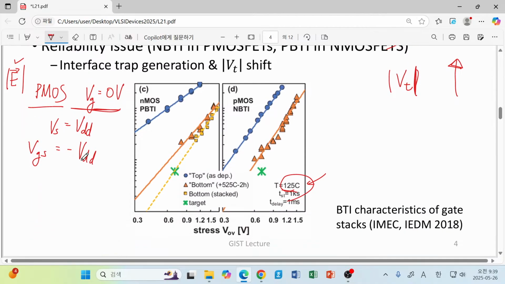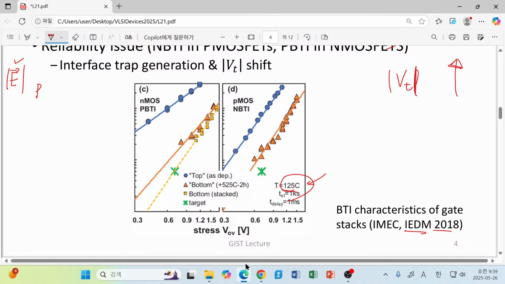Please have a look at this one. This is taken from an IEDM paper from already 7 years ago, but the general trend is more or less the same.